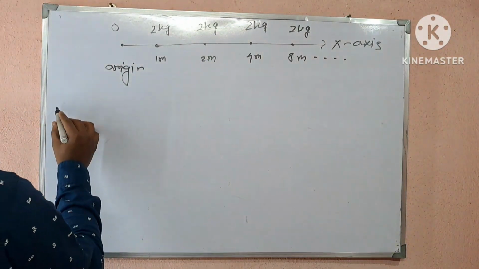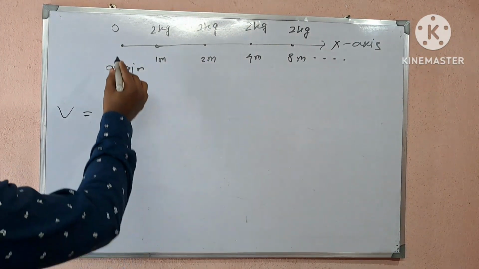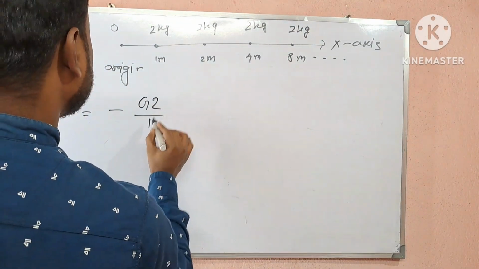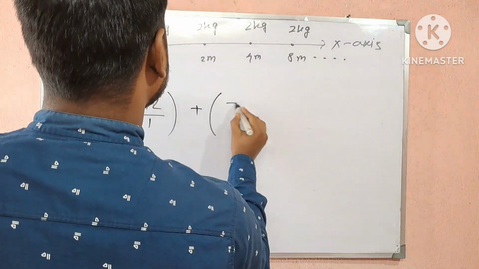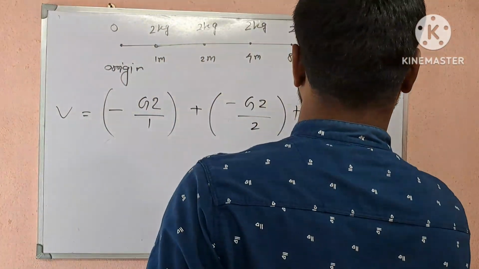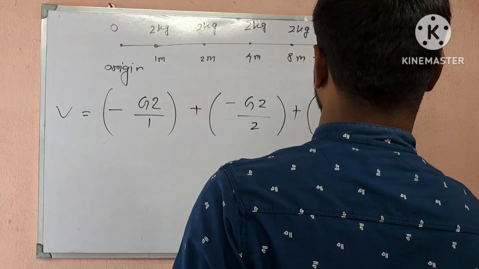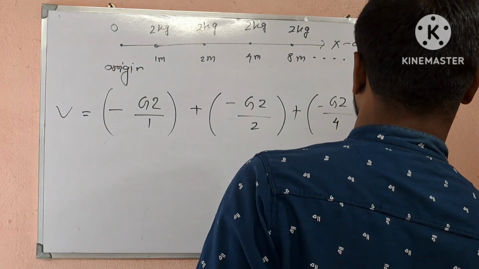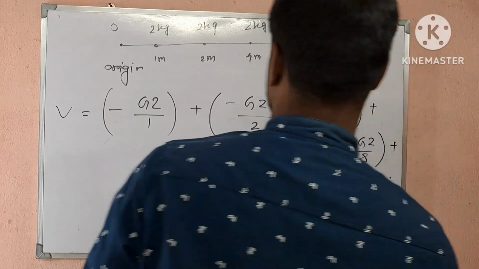So here total gravitational potential at origin will be minus G into 2 divided by 1, plus minus G into 2 divided by 2, plus minus G into 2 divided by 4, plus minus G into 2 divided by 8, plus and so on. Why?